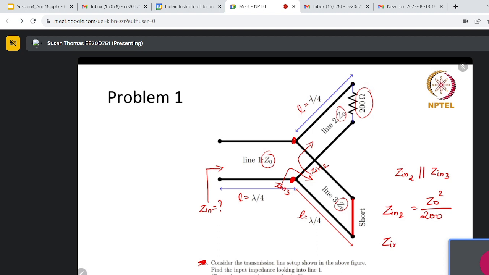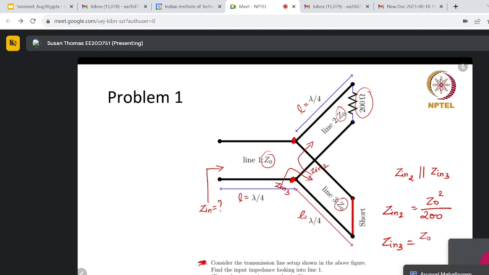Similarly, what is Z in 3? Use the same logic. The only thing is you have a short. So what is Z in 3, the impedance looking into line 3?